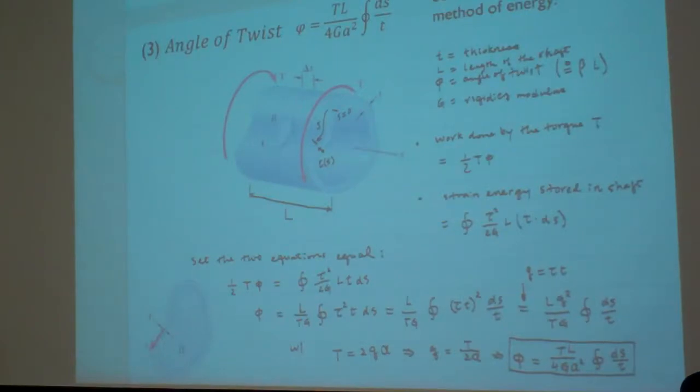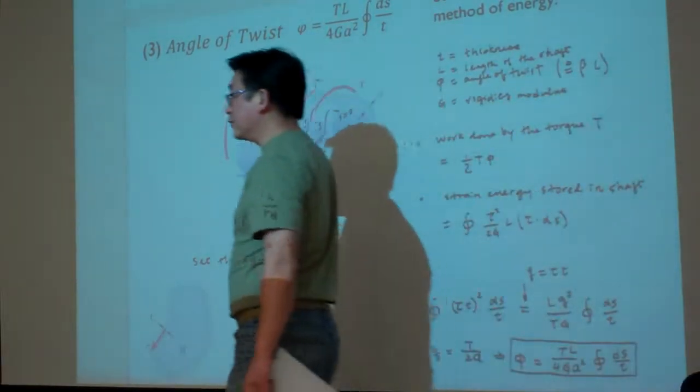In ES31, I skipped the strain energy chapters, but here I will give you some review. With those things, I will keep this one, and then we can take a look at a quick example here.